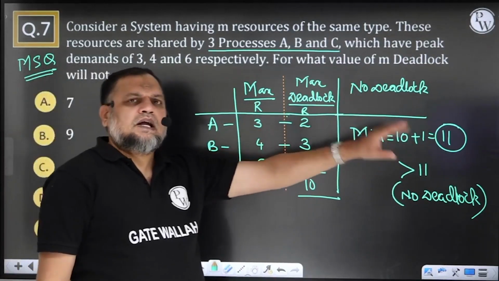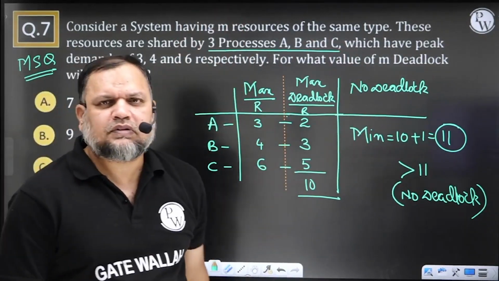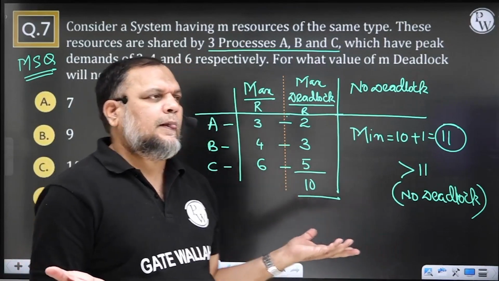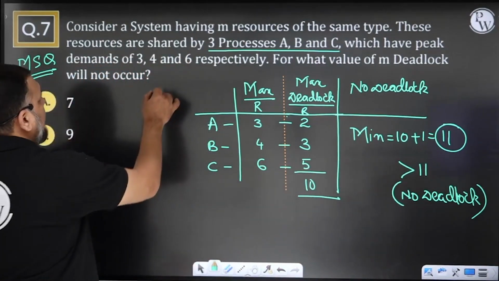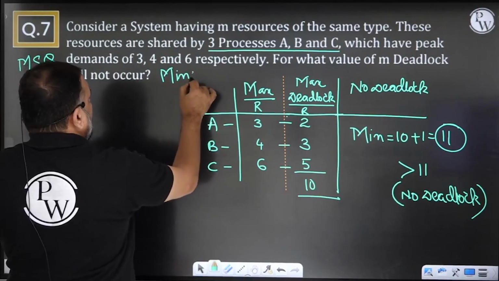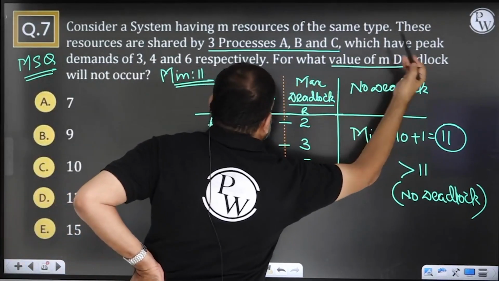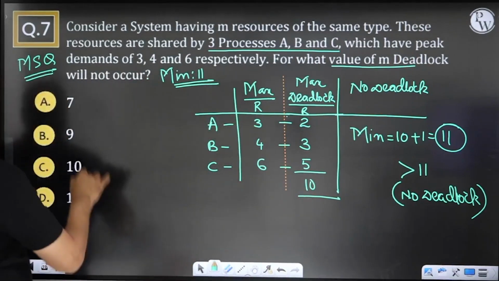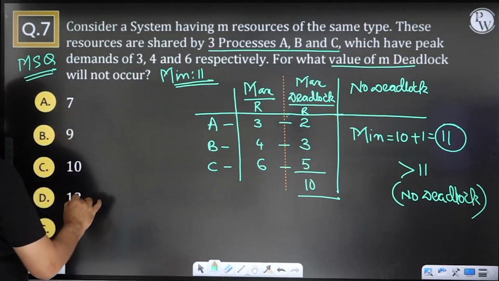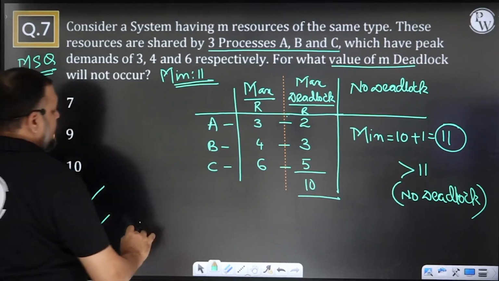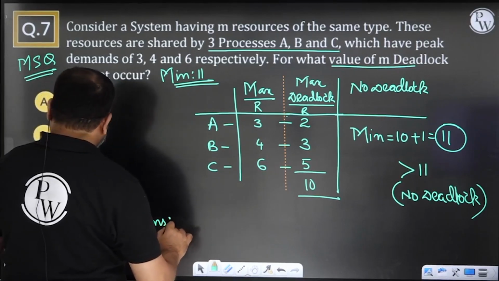Minimum is 11 and greater than 11, deadlock never happens naturally. If I would have asked you what is minimum, answer would have been 11. But he is not asking minimum. He is saying for what values of m deadlock will not occur. Deadlock definitely occurs with 7, 9, 10. 13 and 15 it does not occur. Therefore, the answer is D and E, MSQ.